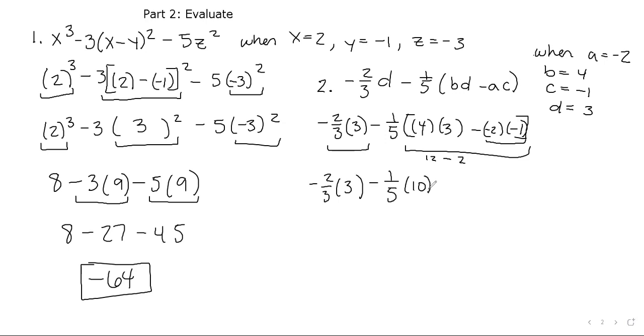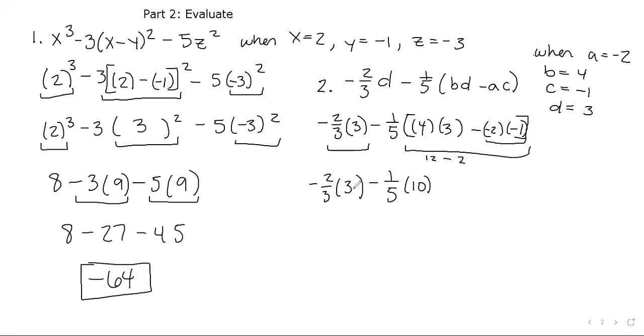Okay? Now that we are at this point, we can multiply. Okay? Now, hopefully you all remember how to multiply fractions. We multiply going straight across. So that means that this -2 will be multiplied by this 3 to give us -6/3.